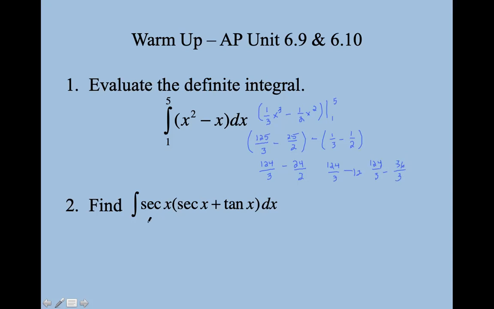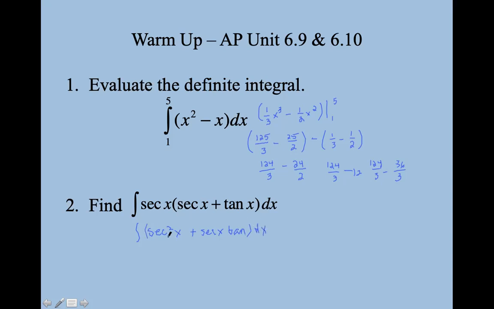All right, the second one, not a definite integral this time. So I'm going to first rewrite this. I'm going to distribute secant. That gives me secant squared x plus sec x tan x. And hopefully you recognize these from your integration techniques.